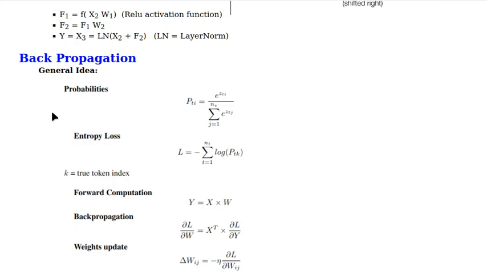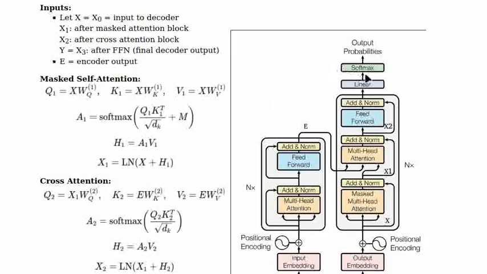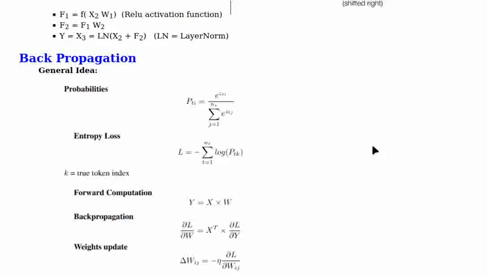Backpropagation means to make use of the difference between the outputs of the transformer and the targeted values to adjust the weights of the transformer. The softmax function here will give us the probabilities from the final output of the decoder. So this is the softmax formula.